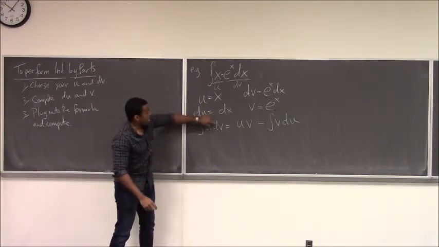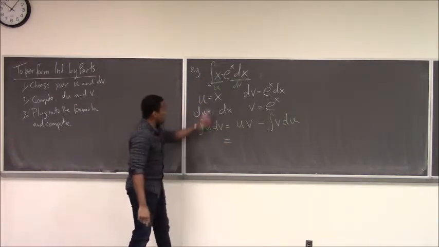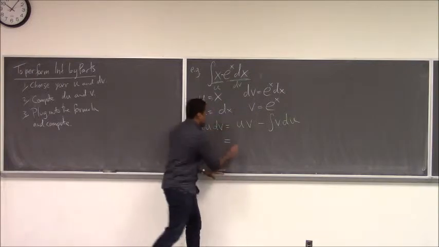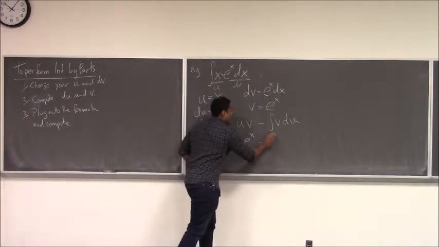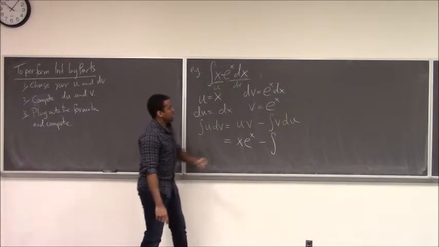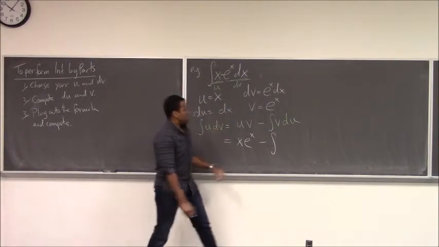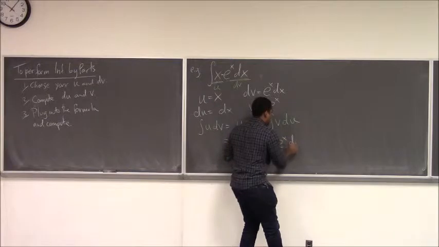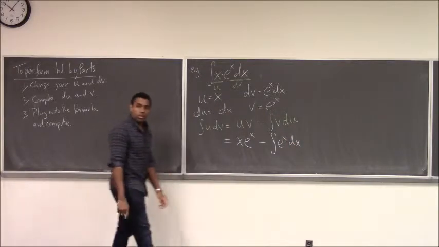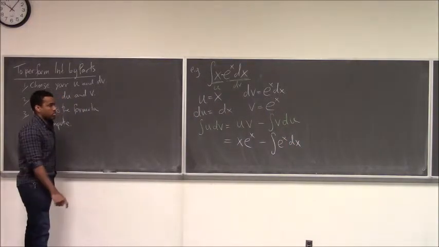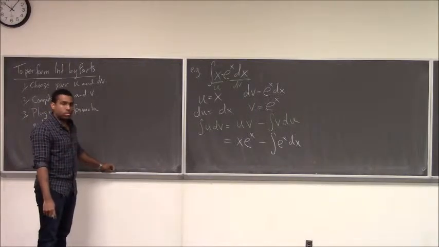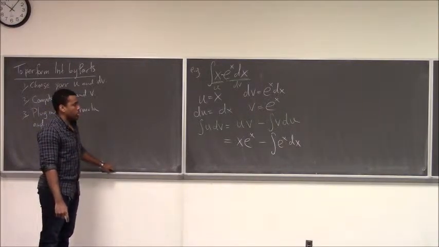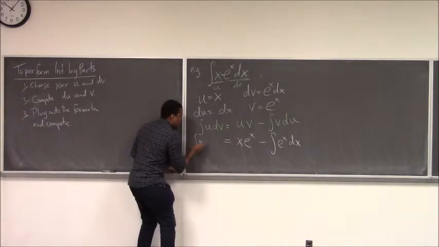So that means this is going to be equal to my u times the v, minus the integral of the v times the du. So that's what this is.